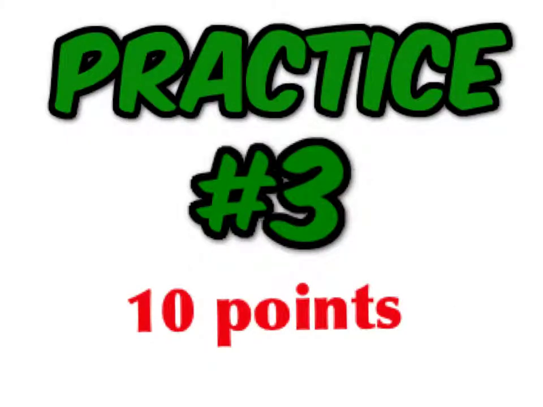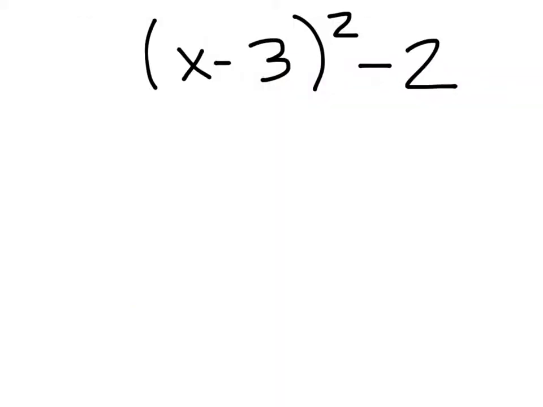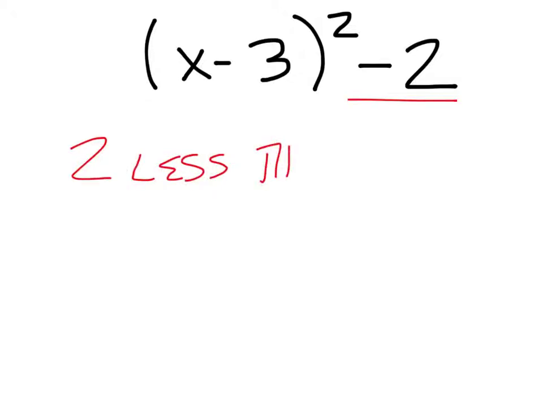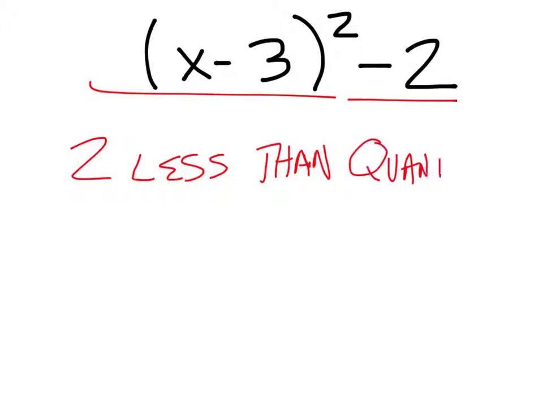All right, here's practice 3. You got to write this out, so write neatly. For the practice problem, 2 less than is where you should start. And then we're going to go to this, which means 2 less than the quantity what?